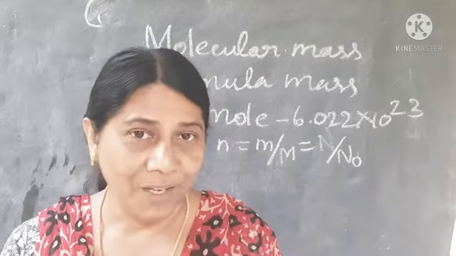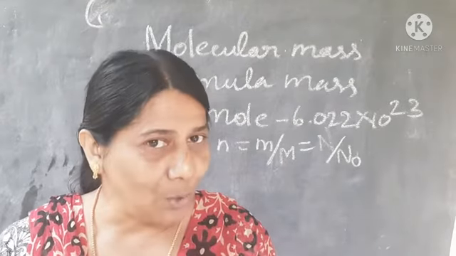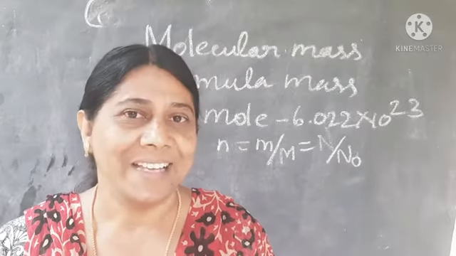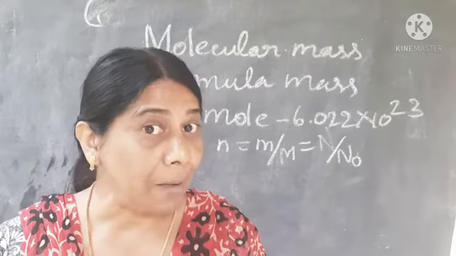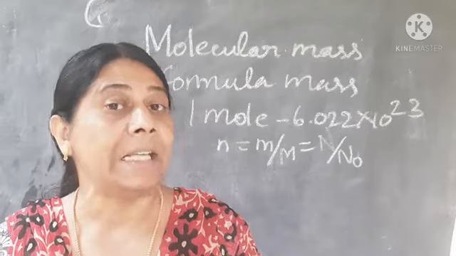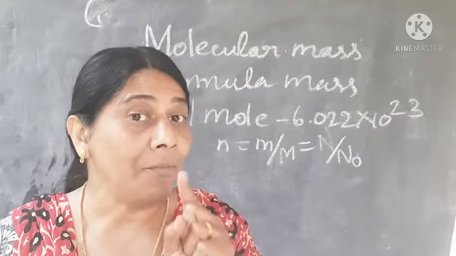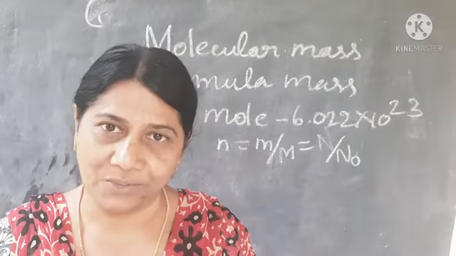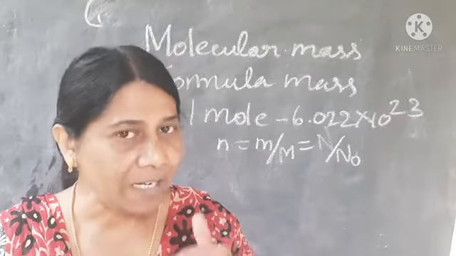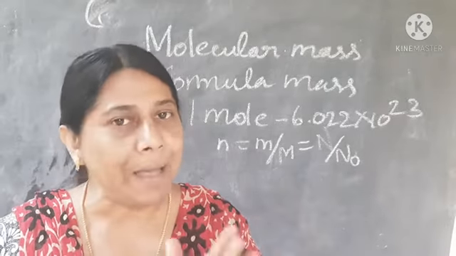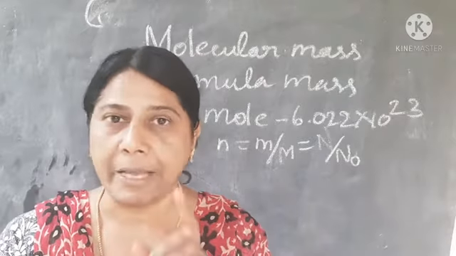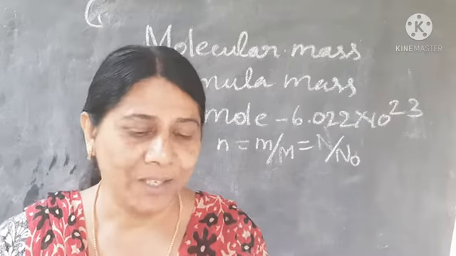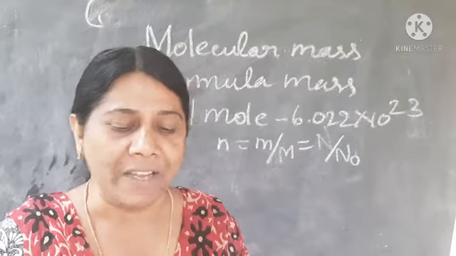Here also, the formula mass unit is the sum of the atomic masses of all the atoms present in one formula unit of the compound. The unit used is the same as the unit of atomic mass, that is U. Dear ones, now shall we calculate?